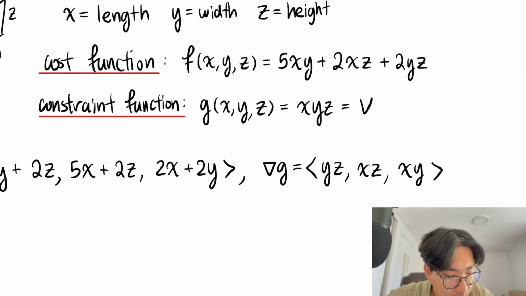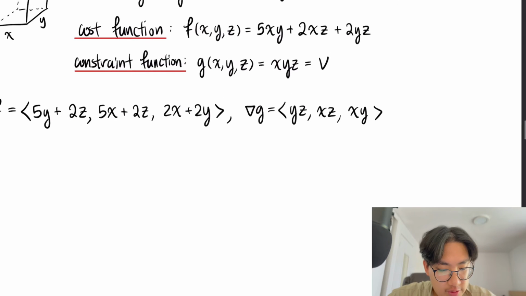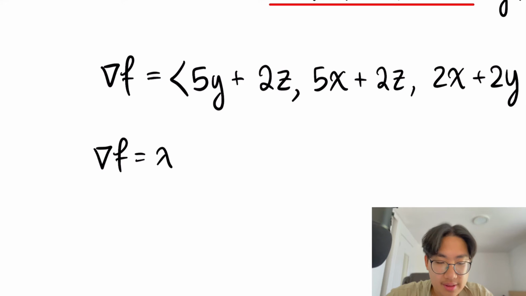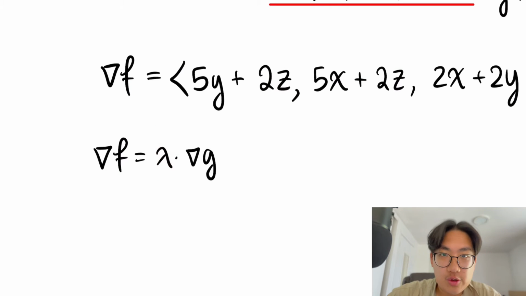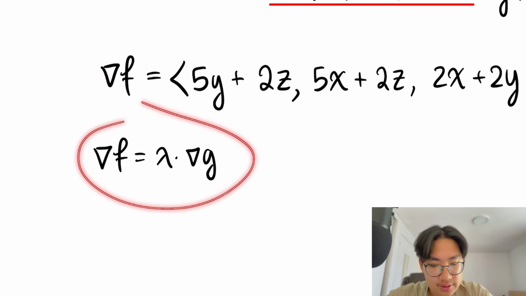Okay. With this in mind, we can now use the method of Lagrange multipliers, which generally looks like this. So you have that the gradient of f is equal to some scalar, usually lambda, times the gradient of g. And if you do have an extra constraint function like h, you would call the scalar mu instead, but for now we'll just deal with this.